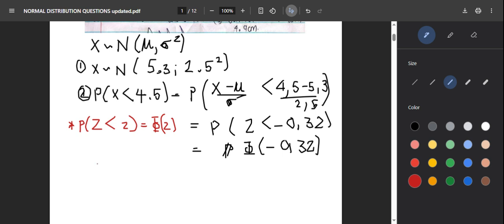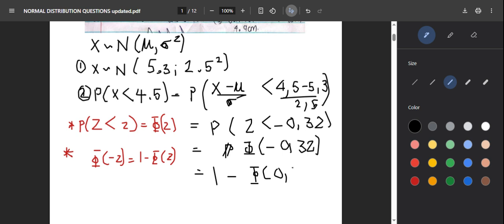Something that is also very important that you need to take note of is phi of negative z is equal to 1 minus phi of z. So this is equal to 1 minus phi of 0.32.